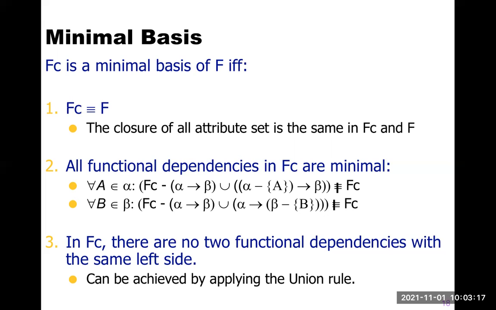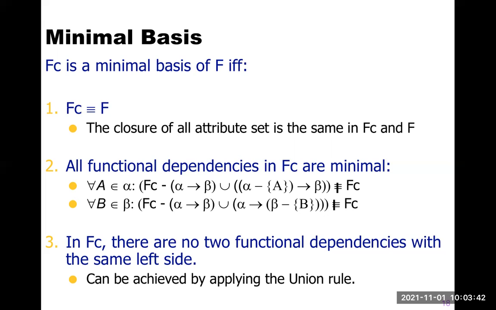If we can find different closures for the same attribute set, and closures are built by applying functional dependencies, and they are different here and there, then if we can find such an attribute set that has different closures, we may say that these functional dependency sets are not equivalent.